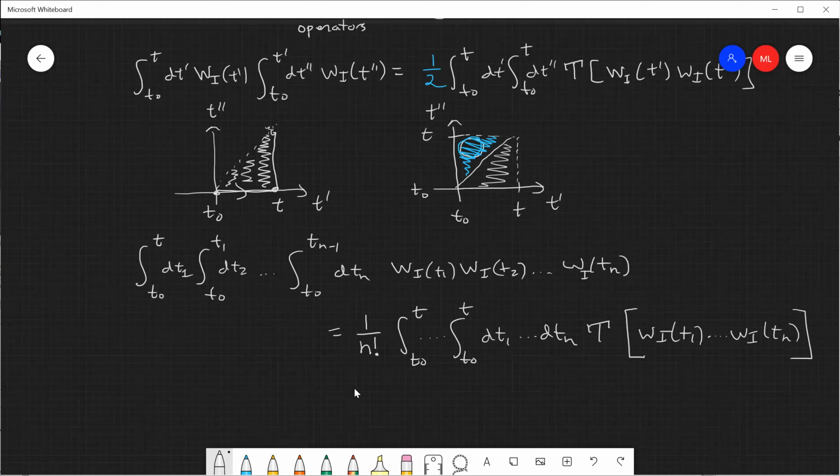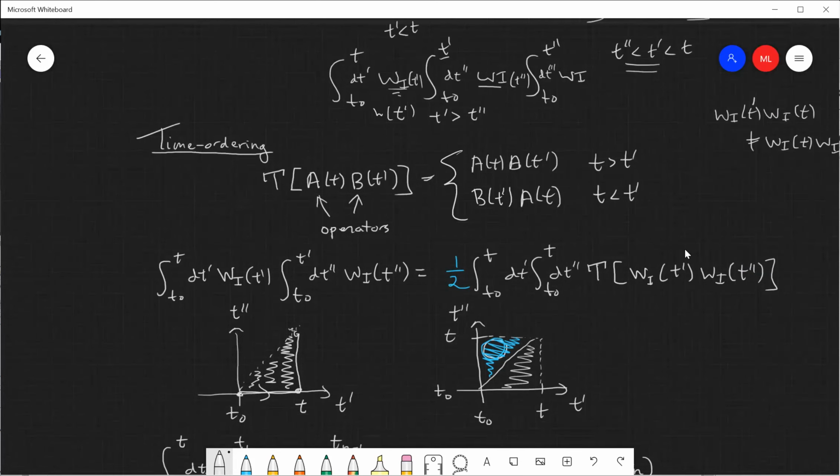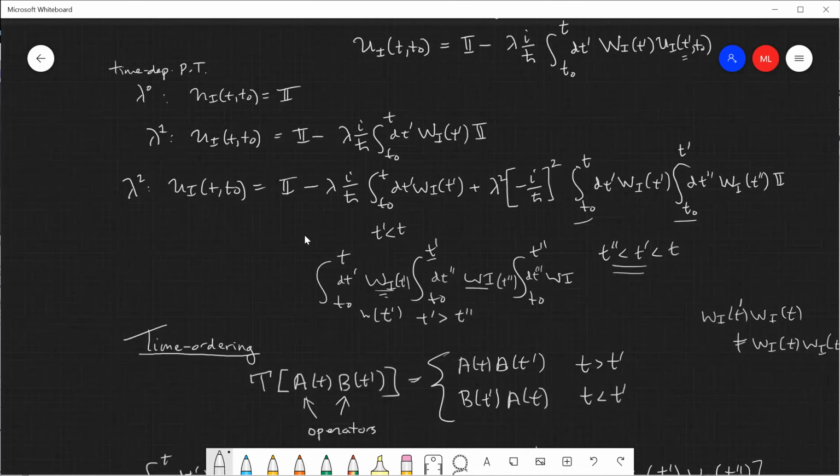It's an important concept because we'll now actually be able to sum up this perturbation theory to all orders. Because there's a pattern here, each time you go to the next order, you just get another iterated integral.